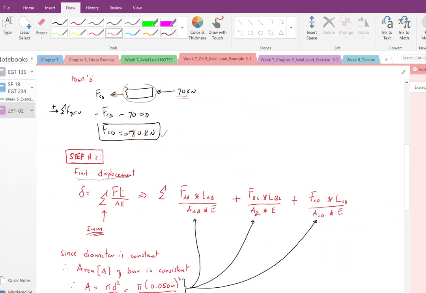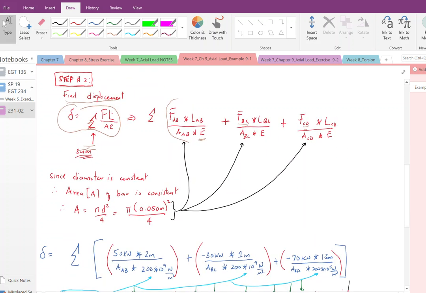Okay. Now, our next step is to find the displacement. We're going to use our equation here. Again, this funny looking E means sum. So we're going to sum up all the displacements for each individual section, and that's FAB times LAB divided by AAB times E, and that goes for BC, that goes for CD.